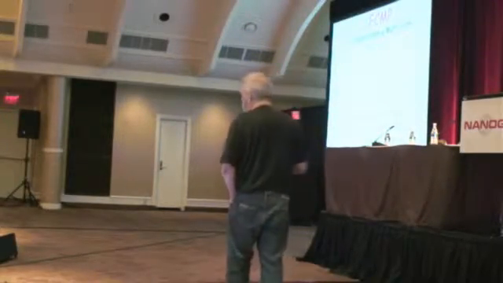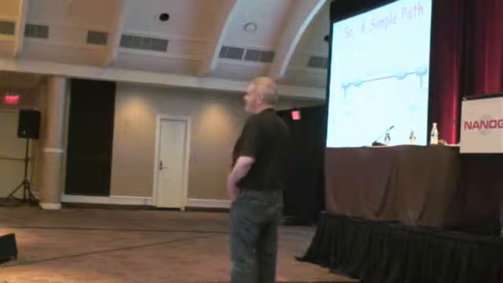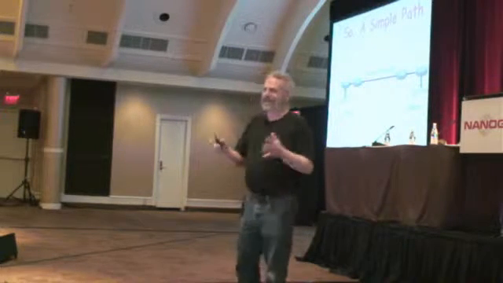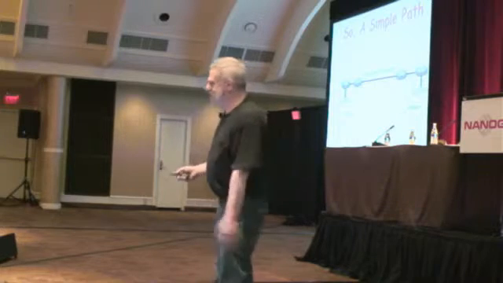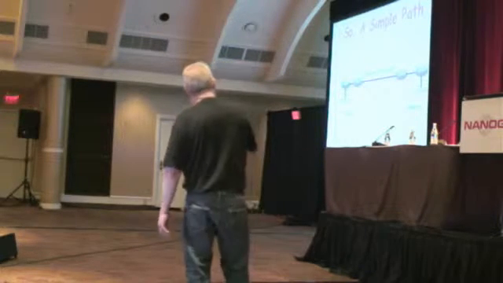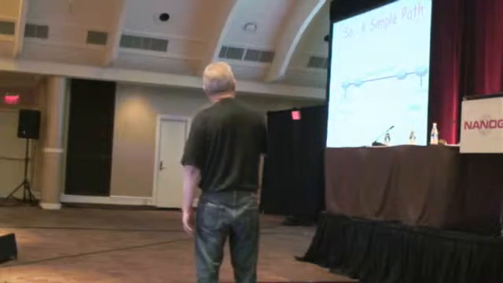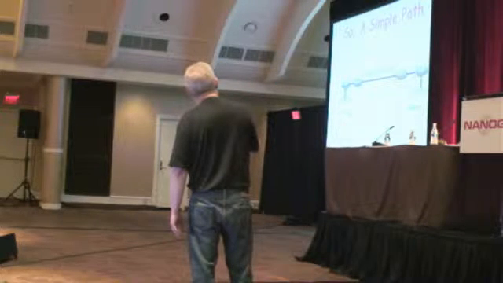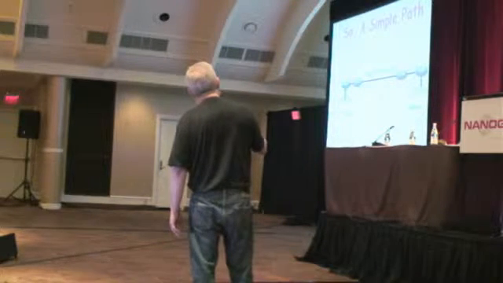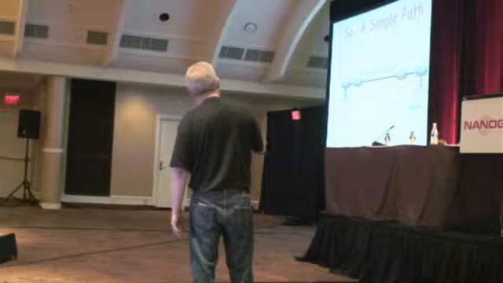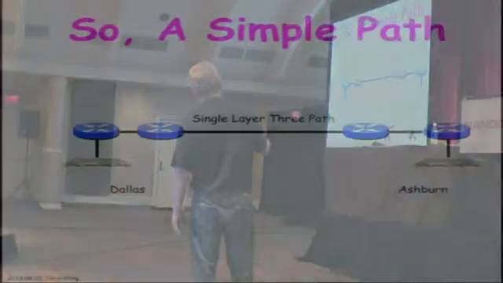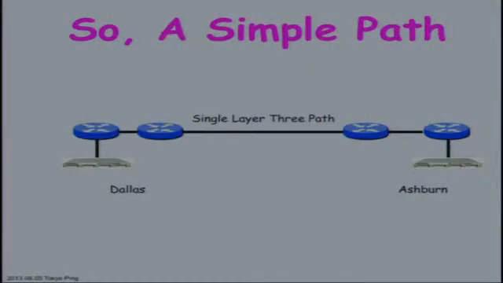Okay? So we then said, let's simplify things down. Let's get it down to something we can actually get some feel for. So we have a host in Dallas, and it's connected to a router that's connected to a router. This is a 9 times 10 gig path, lagged.